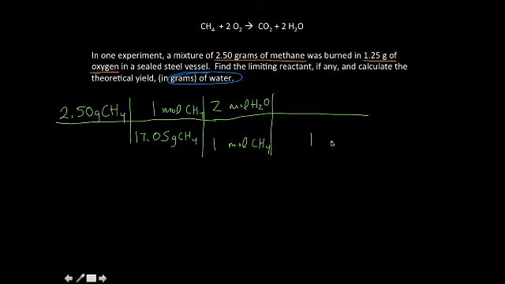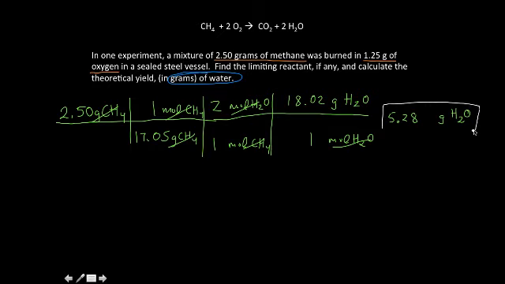And now I've got to change that using my molar mass, so 1 mole of H2O is equivalent to 18.02 grams of H2O. So all this good stuff cancels, and look, I'm left with the units grams of H2O. And when I do this calculation in my calculator, I end up with 5.28 grams of H2O.